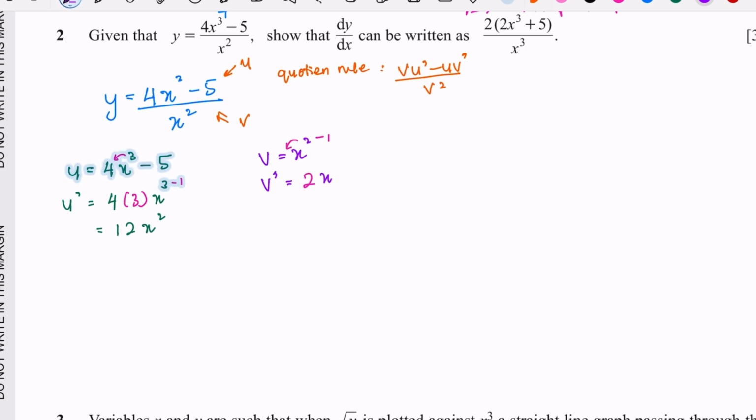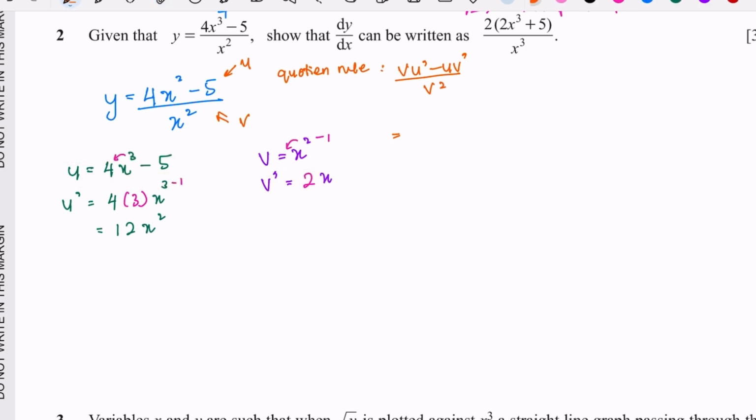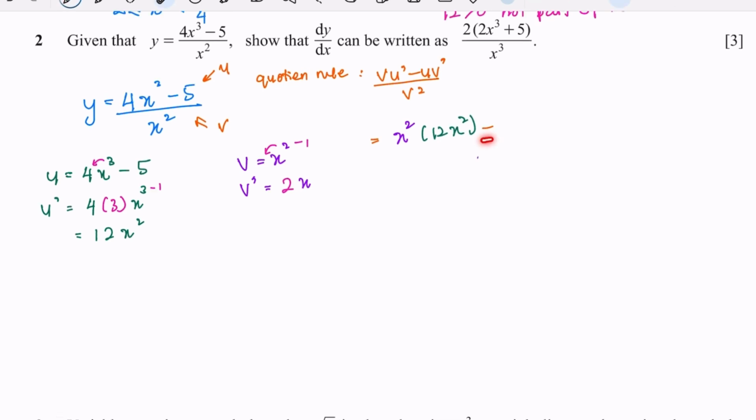Now let's put that in this format, which is v times u prime, it's a cross, and then u times v prime. v is x squared, u prime is 12x squared, minus u will be this part right here, 4x power 3 minus 5. v prime will be 2x over v squared.